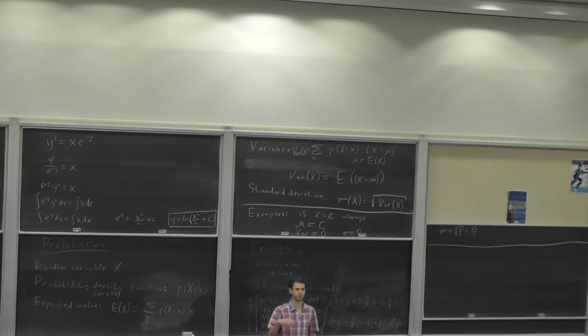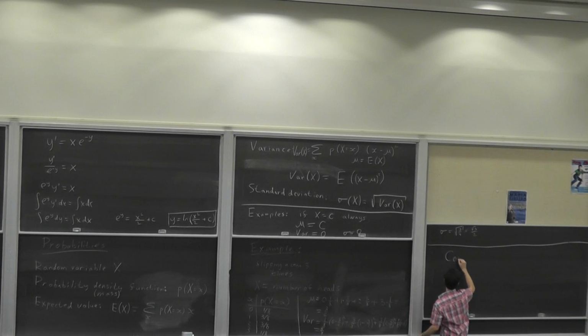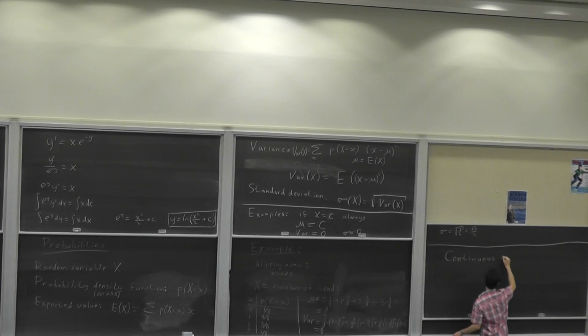Could be 5.73 minutes, 5.7357 minutes. If you really have a way of precisely measuring this thing, it's just a number. It's really not a finite number of possible outcomes. So when we have this situation, we talk about continuous random variables.